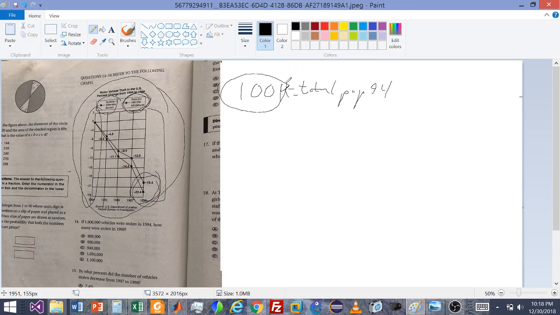So we can just say there's 10,000 thefts per the total population. This is the total number of offenses. Okay, so that's this number right there.